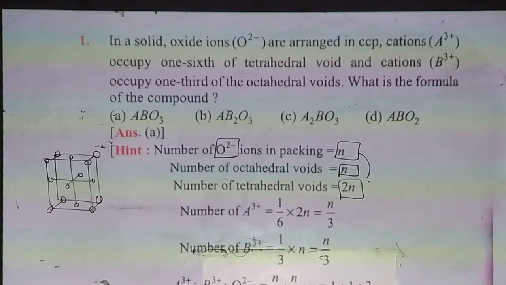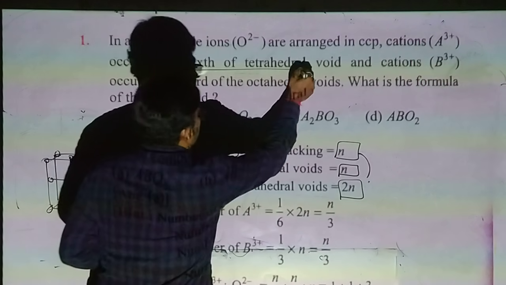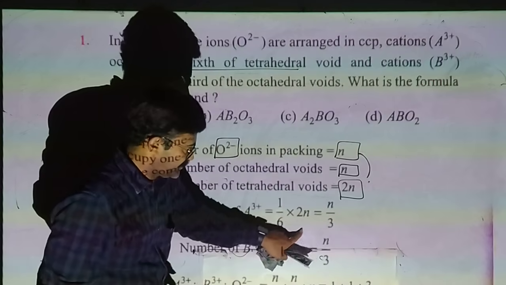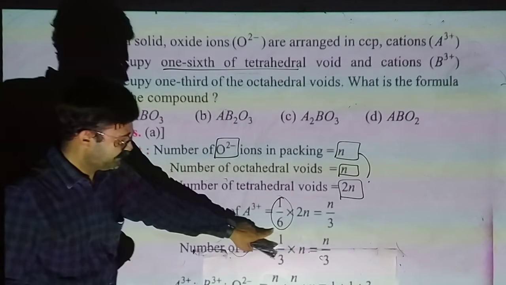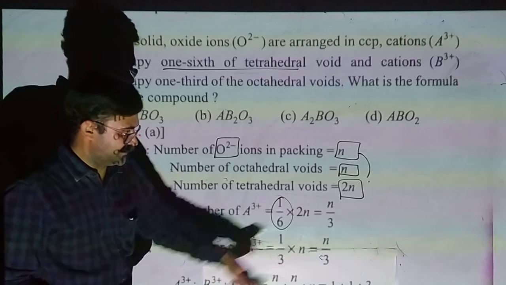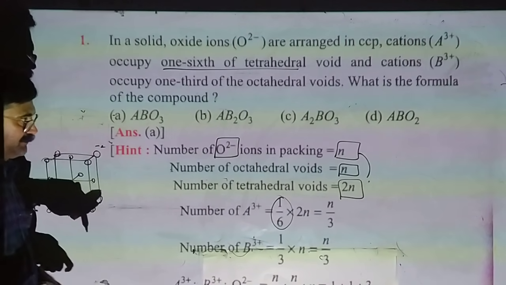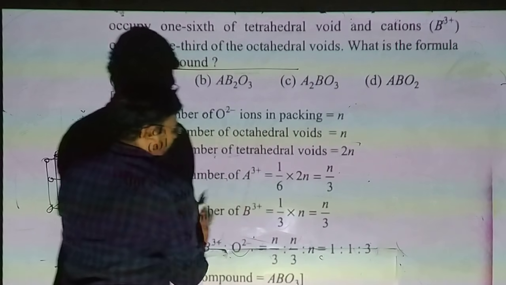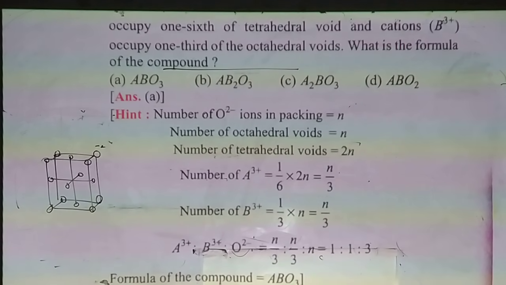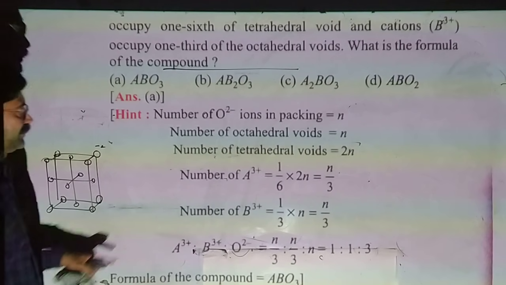Now 1/6 portion of the tetrahedral voids is occupied by A plus 3. So 2N by 6, so N by 3. So A plus 3 is N by 3. Now B plus 3 occupies 1/3 of the octahedral void.